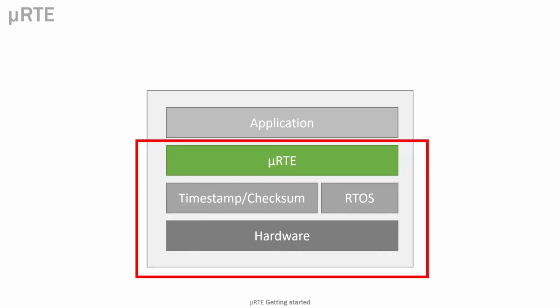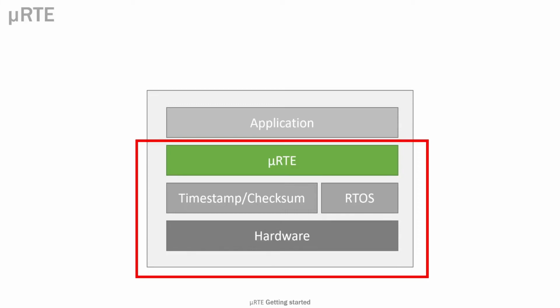In order to integrate µRTE onto a particular target, there are a few interfaces required. µRTE makes use of an underlying operating system, so we need to establish the interface towards this operating system so that µRTE can use its services.